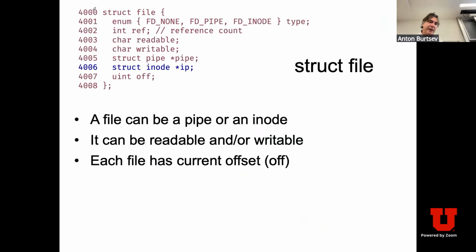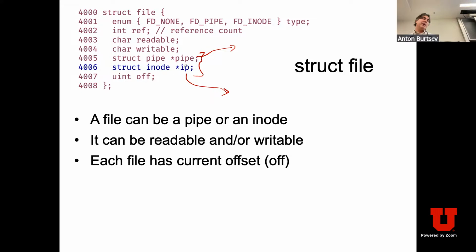If you have a file data structure, we can have a file of different types, and this is how the operating system implements this polymorphism. Specifically in xv6, it can either be a pointer to an inode, or it can be a pointer to a pipe. That's why, with the same API, you can read, write, open, and close. You cannot open pipes, but you can create pipes and then read and write them.